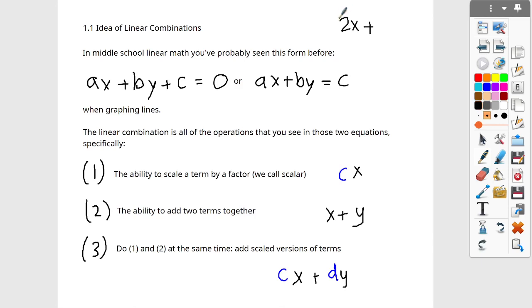If you see something like 3xy equals 6, that is not a linear equation in terms of x and y. If x and y are separate variables, then 3xy equals 6 is not a linear equation. So that is what you have to be careful of.